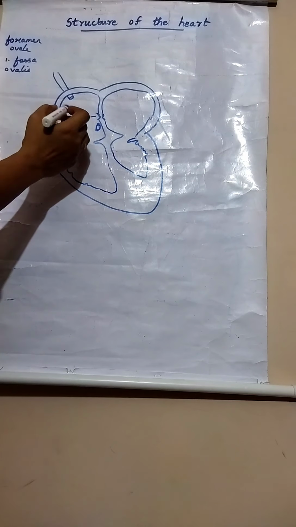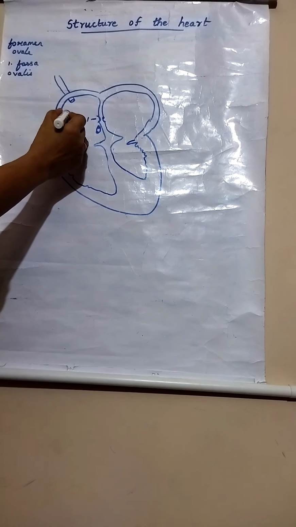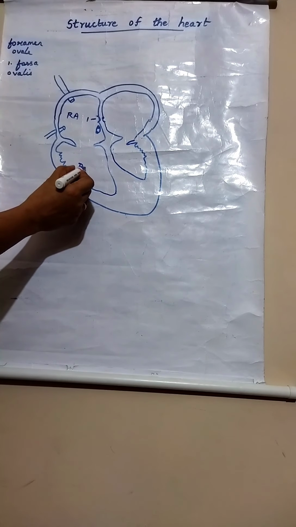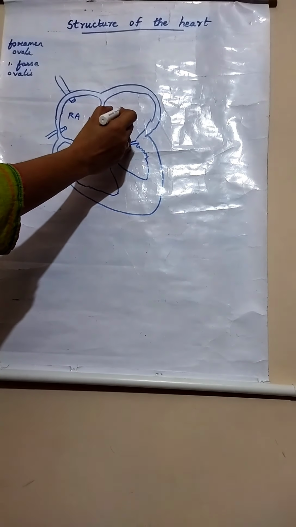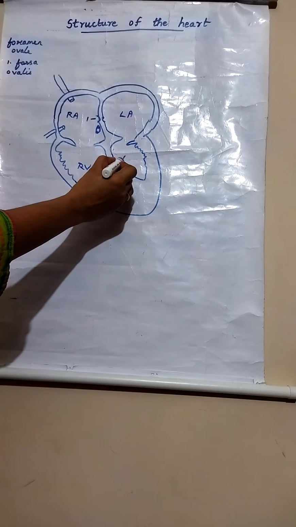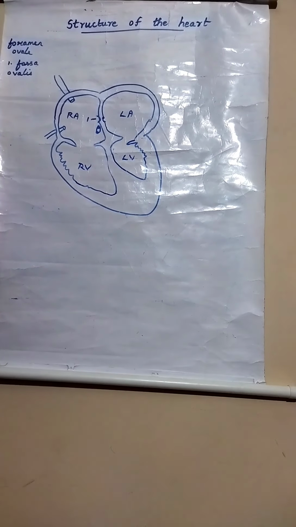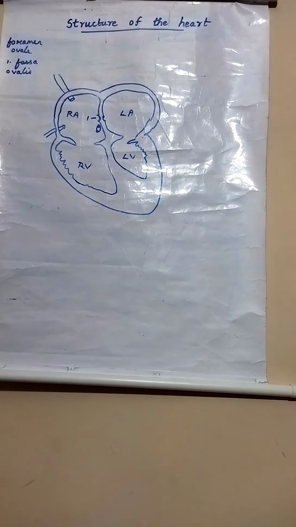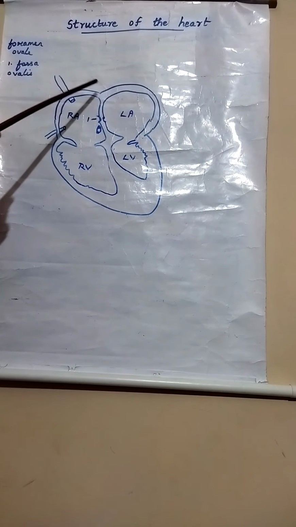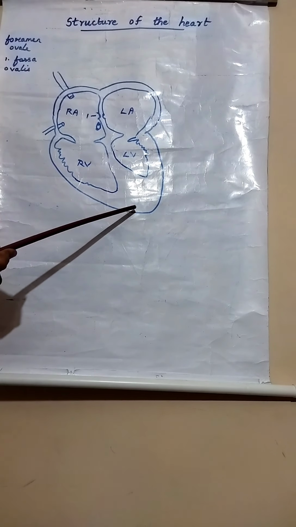Let us label this. This is the right auricle. This is the right ventricle. This is the left auricle, and this is going to be the left ventricle. Now, if you note, the wall of the auricles is thin when you compare it to the wall of the ventricles.